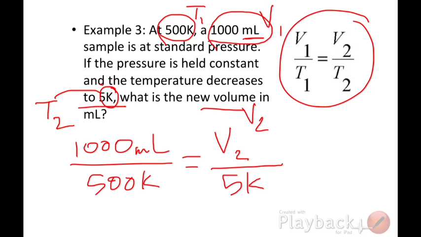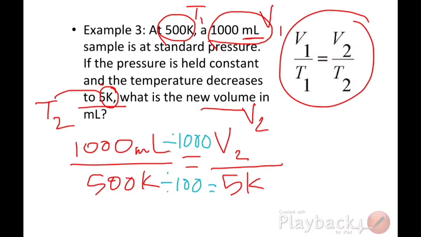Okay, so this is one of those where I think it's pretty clear that we can find the factor that goes between 500 to 5. In other words, 500 divided by what equals 5? 500 divided by 100 equals 5. You can check your work by doing 5 times 100. That's 500. So here we have a factor of 100.